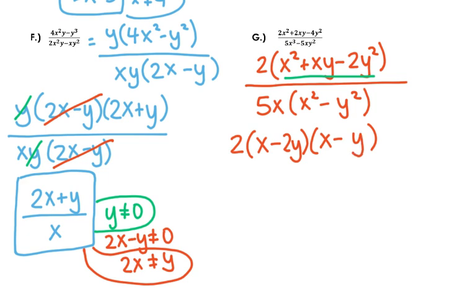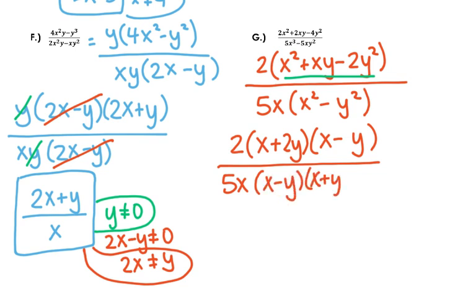I want this combination in the middle to become positive, so I want the larger quantity to be positive. So I'm going to choose a plus here. x squared minus 2y squared. 2xy minus 1xy is 1xy. All over 5x times x minus y, x plus y.